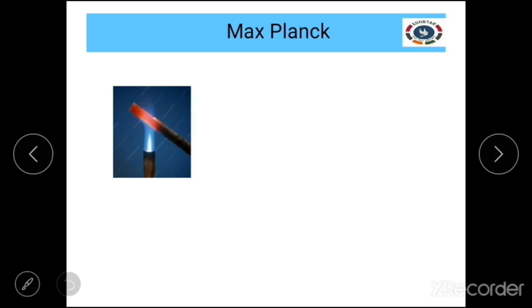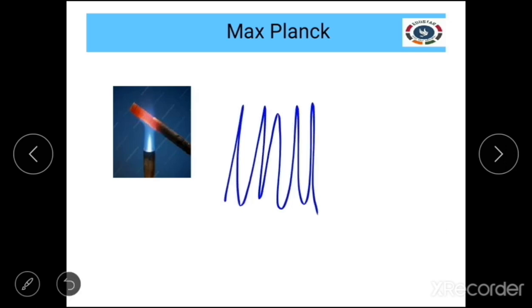What is the theory behind changing color like this? Earlier, scientists said that the color change happens due to the increasing temperature. If we increase the temperature, the particles will oscillate more. If the particles oscillate more, then the wavelength gets reduced. What happens when the wavelength gets reduced?